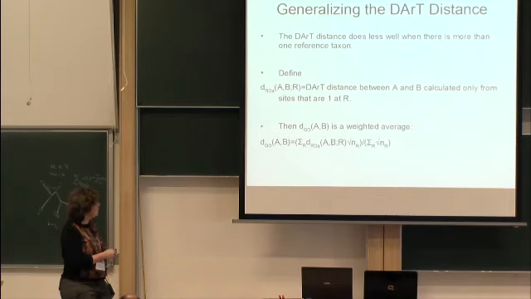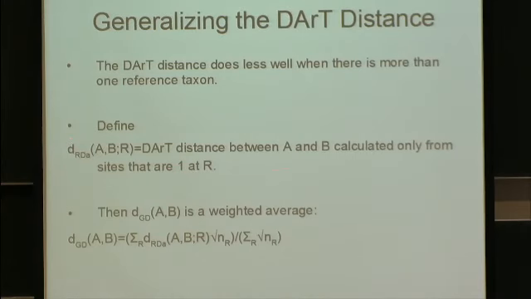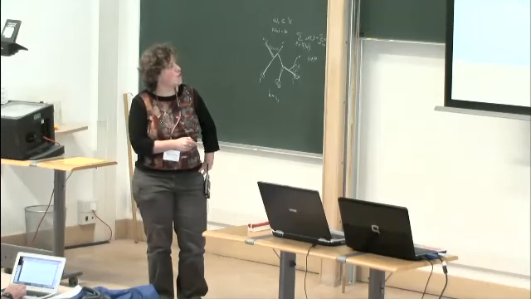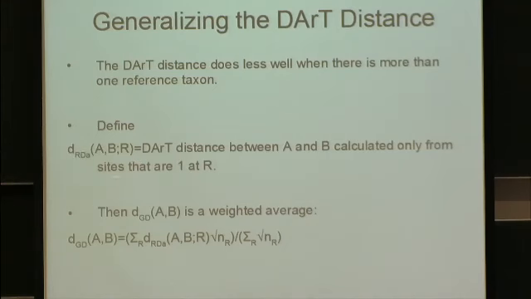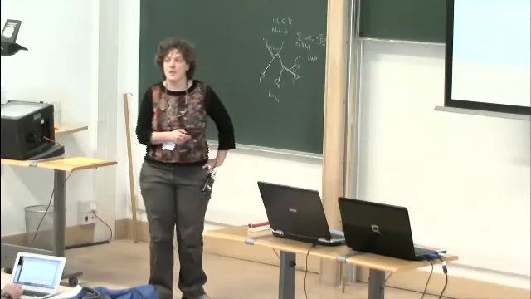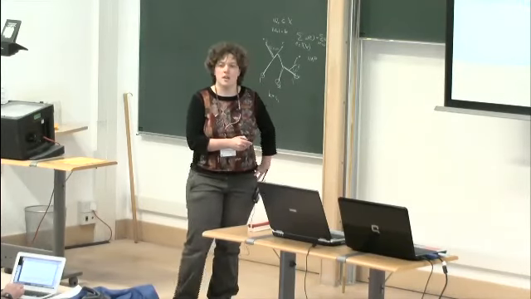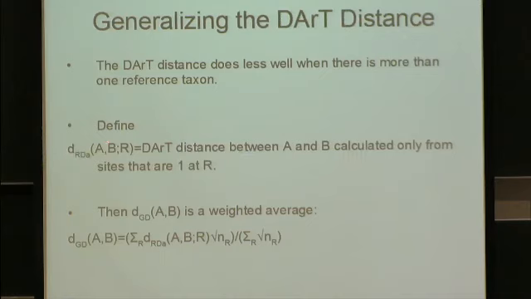The first conceptual thing is this notation: say you're trying to calculate the distance between A and B, conditioned on, or with reference to, some other genome R. What I mean is I'm going to compute that same DART distance that I showed you before, but I'm only going to look at fragments, not sites, sorry, that are present at some genome R. I've used R because we're treating it like a reference genome, but it may not actually be a reference genome. It's just some genome that we're using as an arbitrary reference point.